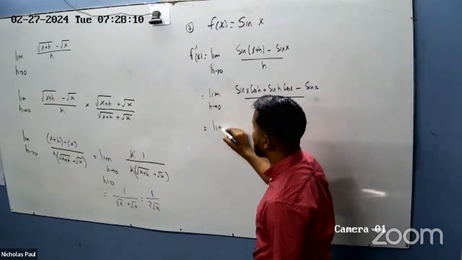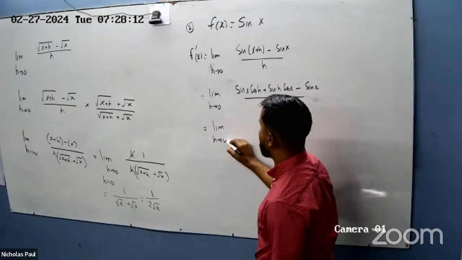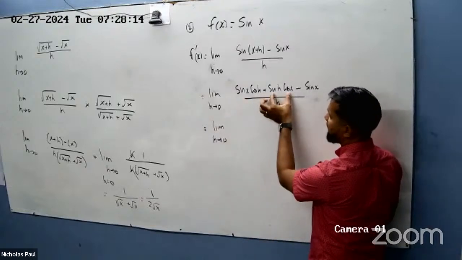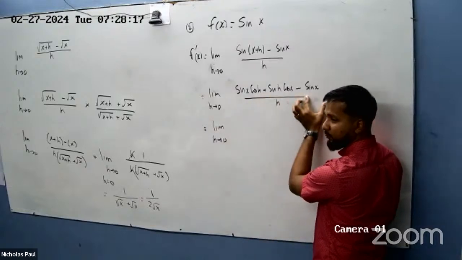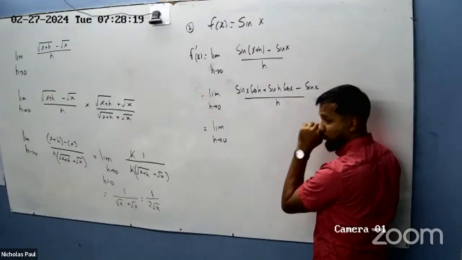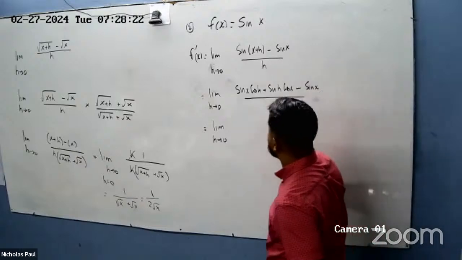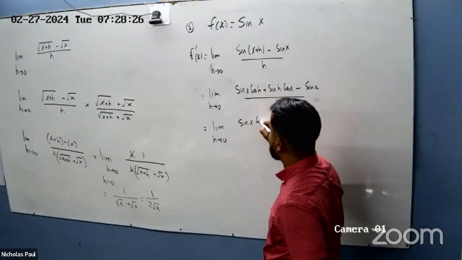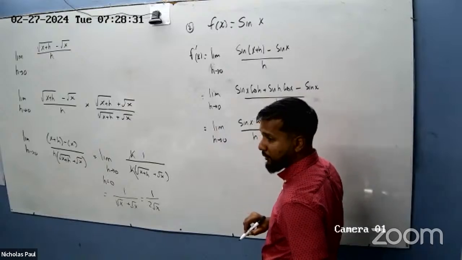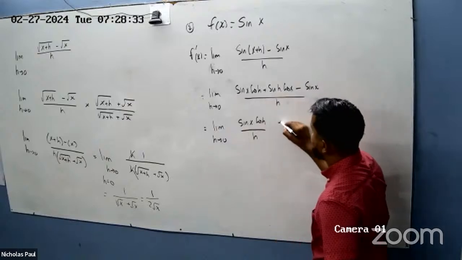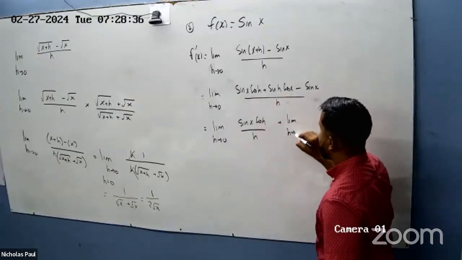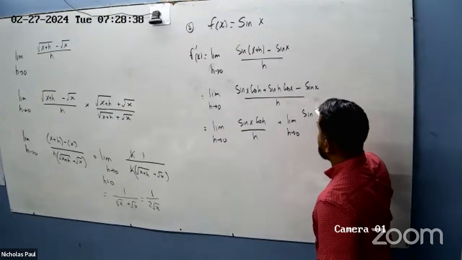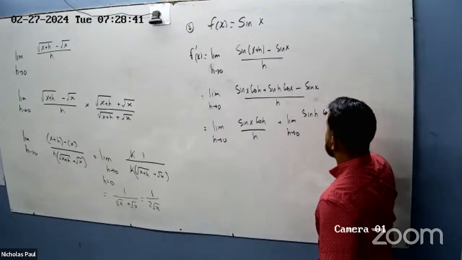This is the limit as h approaches 0 of this plus this minus this. So I'm going to get sine x cos h all over h, plus the limit as h approaches 0 of sine h cos x all over h.